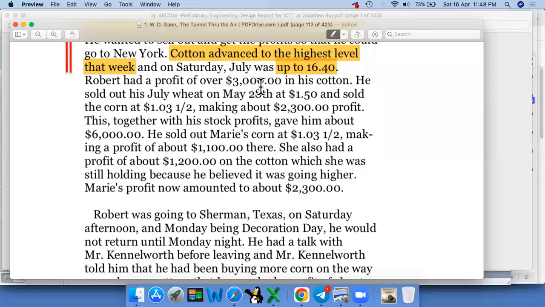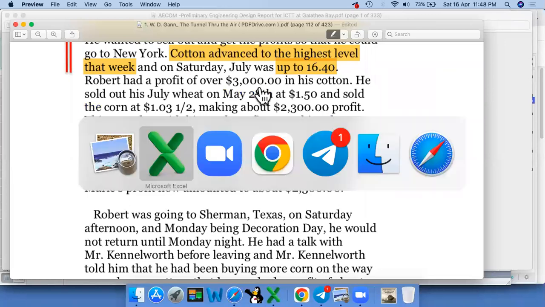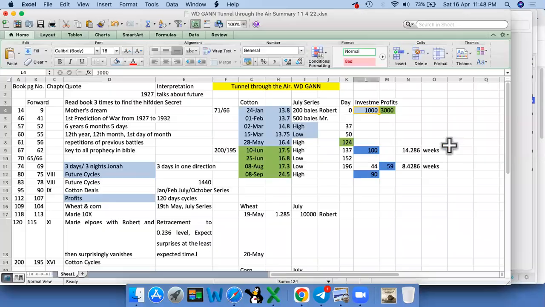Robert had a profit of over 3,000 in the cotton. So the invested amount was 1,000 and the profits that he has earned till now was 3,000. So his capital has given him a return of 3x. Right? Given in the book.